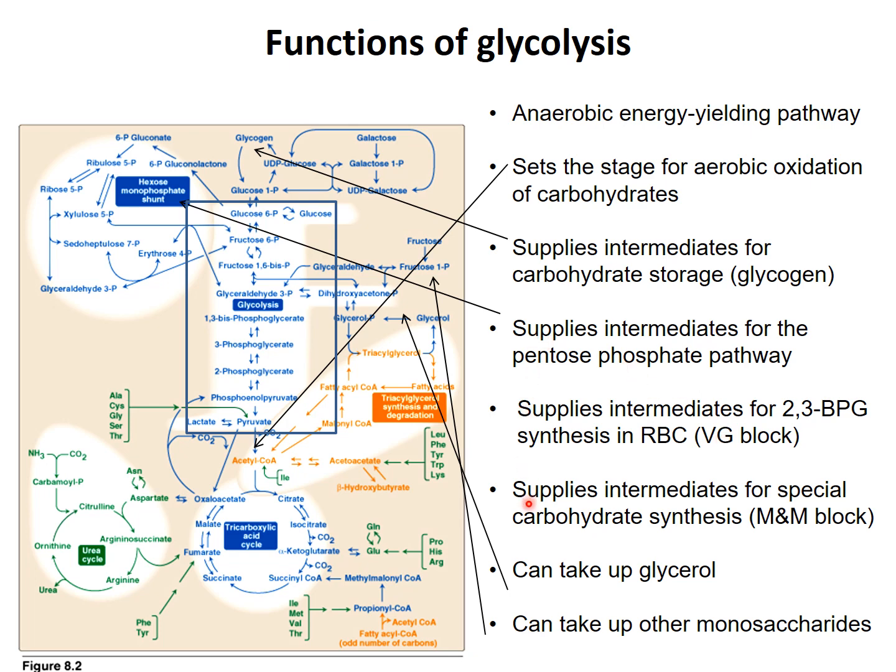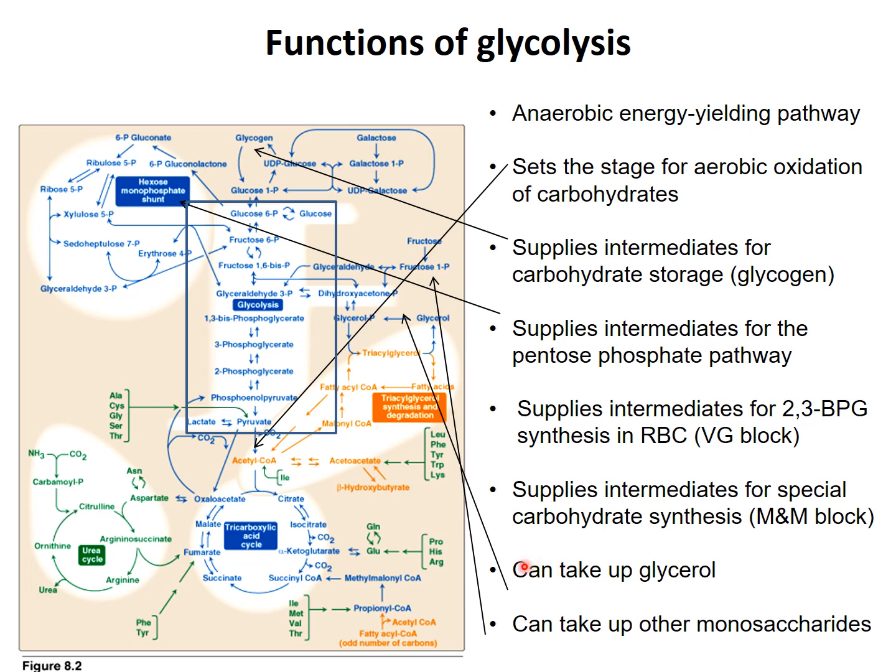If we go further, it supplies intermediates for special carbohydrate synthesis. As I mentioned, a lot of derivatives of carbohydrates, modified sugars, build oligosaccharides, glycoproteins and proteoglycans. So intermediates will be taken out from this pathway for that.